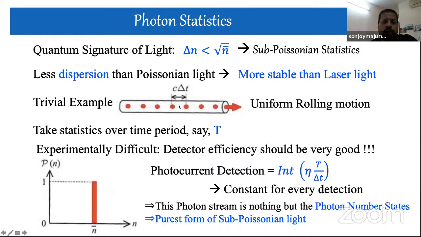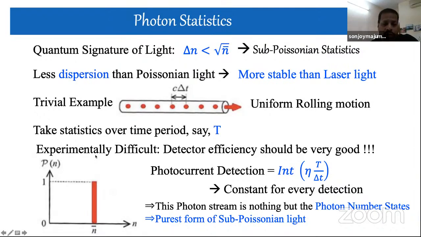If delta t is, let's say, 2 milliseconds and you are counting over capital T of 10 milliseconds, you will get the value 5, n bar, and that will not vary. So your distribution is like a delta function, or just a fixed point.